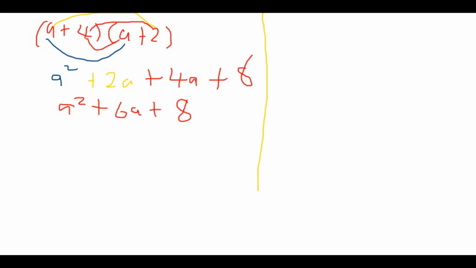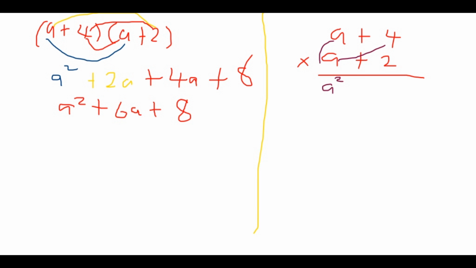So now let's try the long multiplication method. We have a plus 4 and a plus 2. a times a is a squared, and a times 4 is 4a.